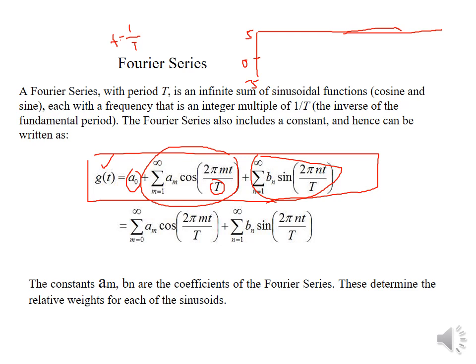This says that we have a sum of cosine functions from 1 to infinity, and the sine wave is also summed here from 1 to infinity. So the signal is actually the sum of infinite sine and cosine waves. Let's move on. Here a0, am and bn are the coefficients for the Fourier series.